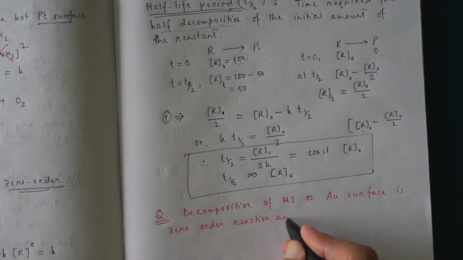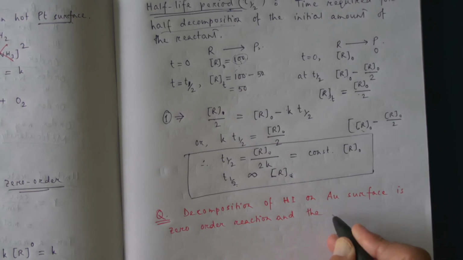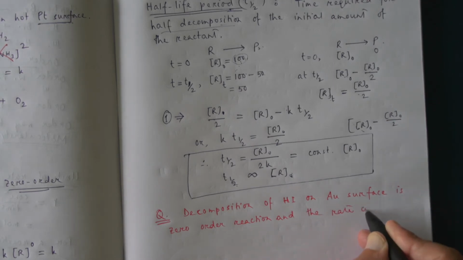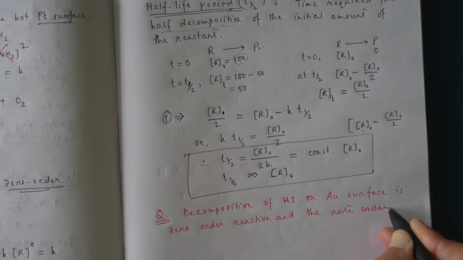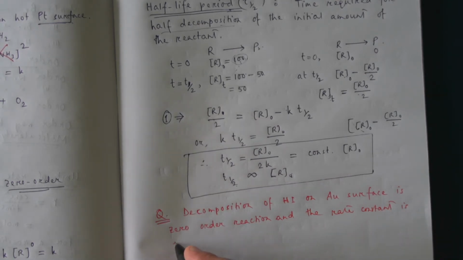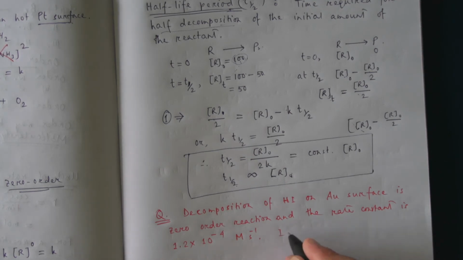And the rate constant is 1.2 into 10 to the power minus 4 molar per second.